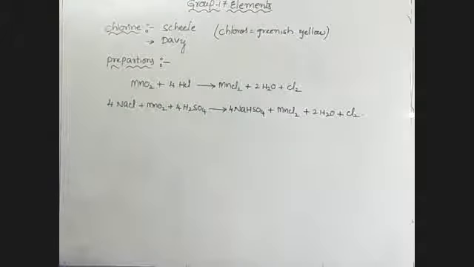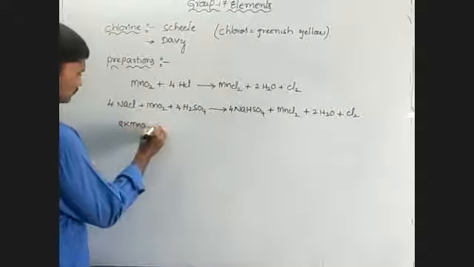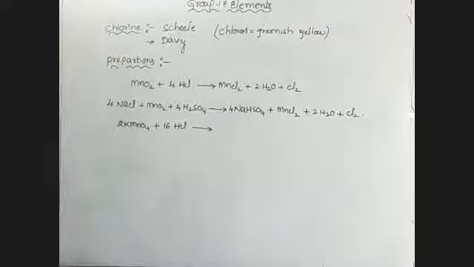Next preparation of chlorine: potassium permanganate on heating with HCl.